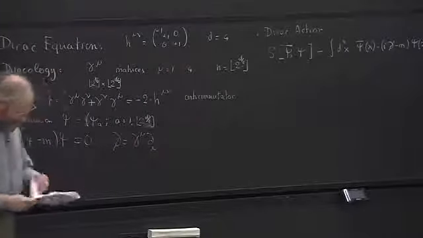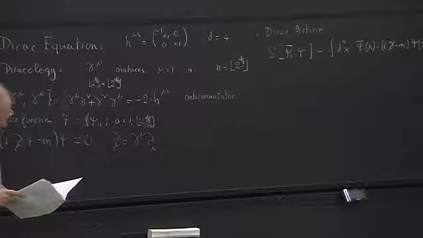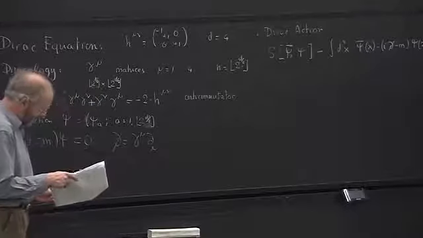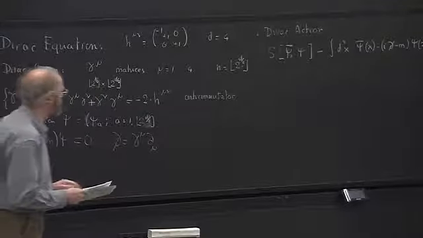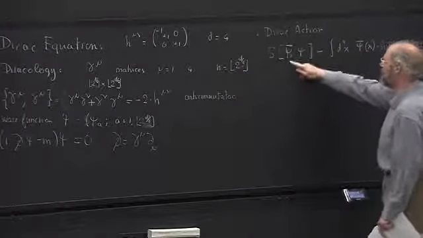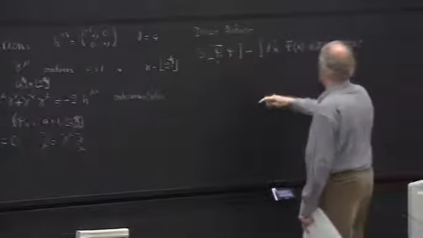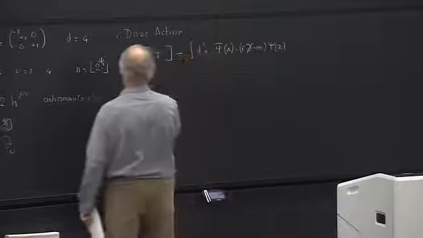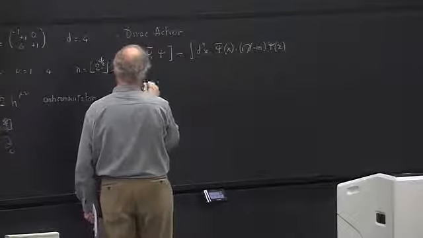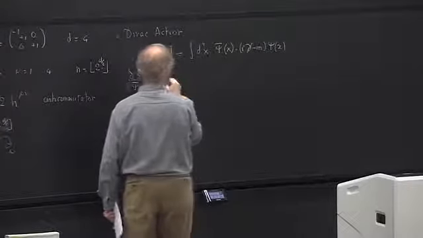So, in fact, psi bar is related to the complex conjugate of psi by something that I will explain a bit later. But take this action as something depending on psi bar and psi, and take the derivative of this action, which is just a quadratic form with respect to psi bar, and you get, of course, the Dirac equation.